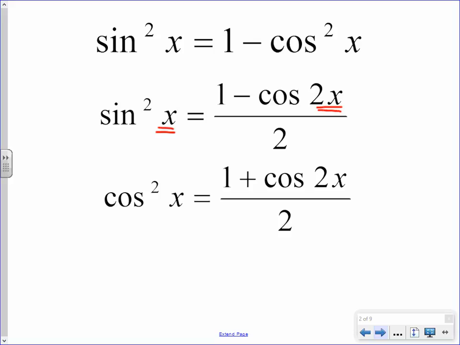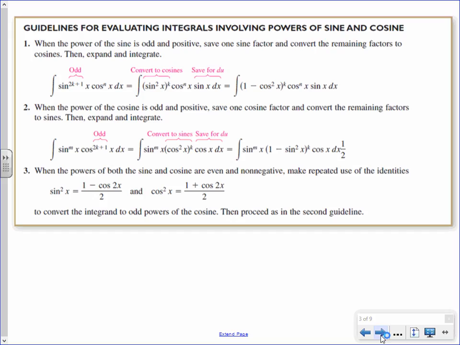This thing that I'm going to show you is in your book. But what's important to understand is that when we have an integral where powers of sine and powers of cosine are multiplied, whoever is the odd one, we're going to save one and convert the rest.